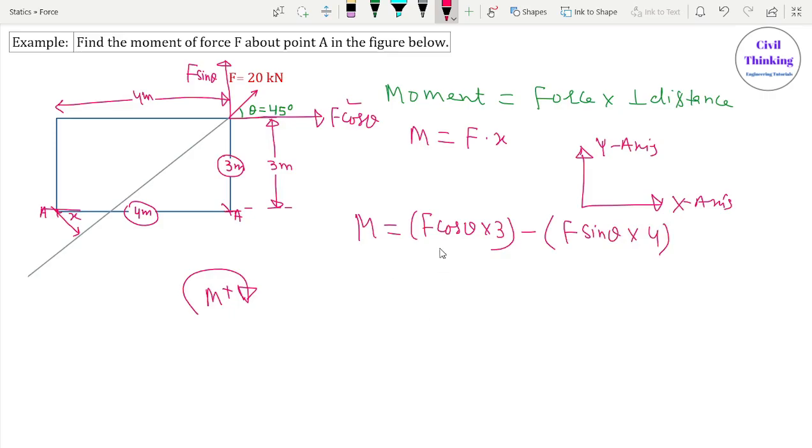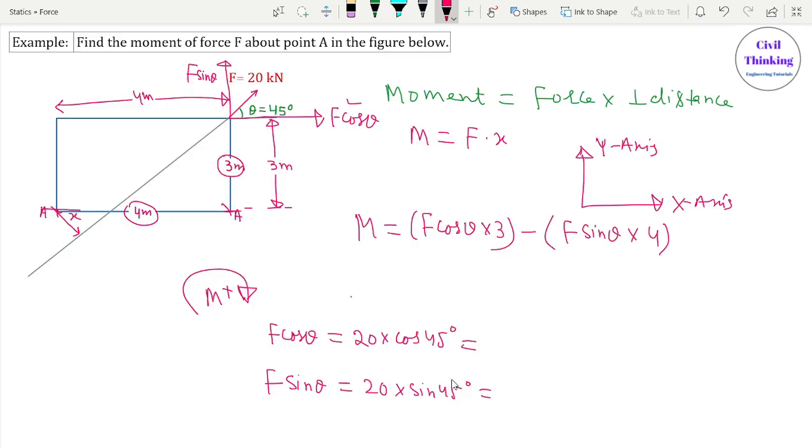Now how much is F cos theta? Let us find the value of F cos theta and F sin theta. F is 20 kilonewton multiplied by cos 45 degrees, and F is 20 kilonewton multiplied by sin of theta, where theta is 45 degrees.